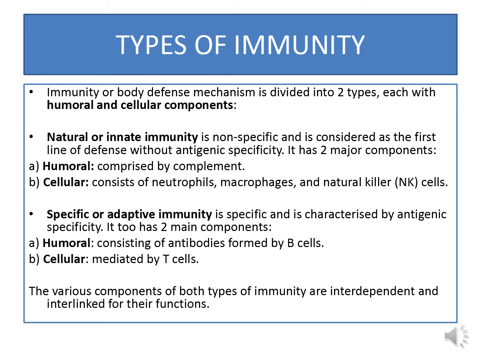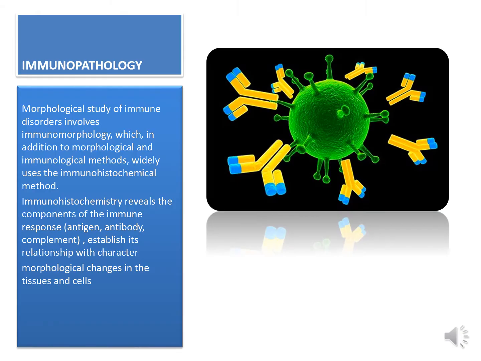Specific or adaptive immunity is characterized by antigenic specificity and has two main components, humoral, formed by B cells, and cellular, mediated by T cells. These various components of both types of immunity are interdependent and interlinked for their functions.